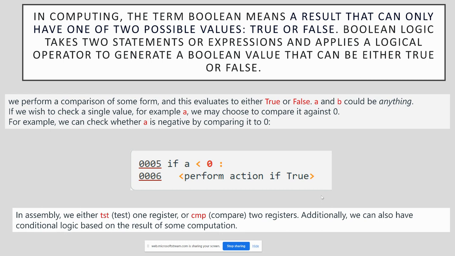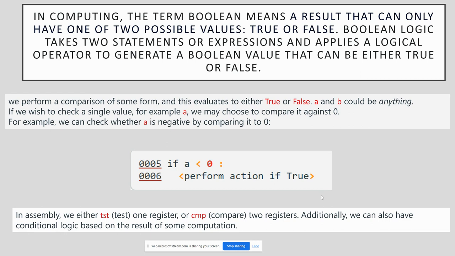So in computing, the term Boolean means a result that can only have one of two possible values, true or false. Boolean logic, or also we refer to it as a data type, takes two statements or expressions and applies a logical operator to generate a Boolean value that can be either true or false.